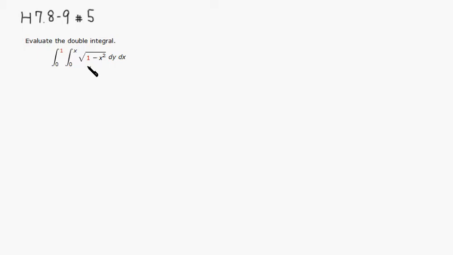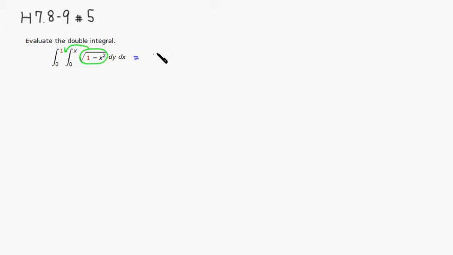Alright, so since we're taking the antiderivative with respect to x, this square root of 1 minus x squared is actually a constant. So we can kick this constant outside of the inside integral.